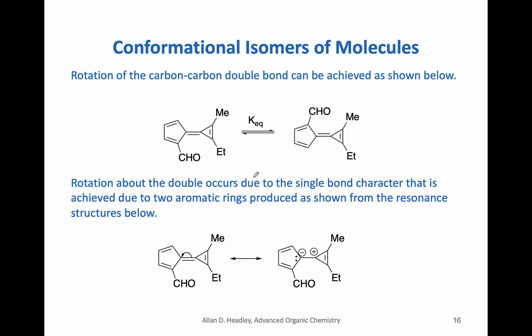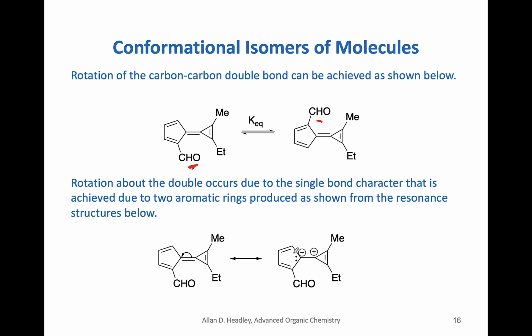Here's another example. Here's a double bond, but it looks as if there's rotation here. This group is down here and it's up top. As you can see here, we can draw resonance, and this is unique because here we have two aromatic rings. So here is the aromatic ring here, 2, 4, 6 electrons. You will recall that if you have 6 electrons, it meets the Huckel rule for aromaticity.